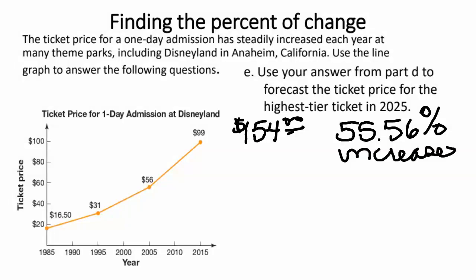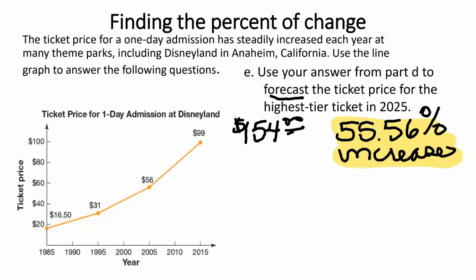We had a 55.56% increase for the higher tier, and the higher tier was $154. Now, how do we forecast? Well, this is where you've got to really understand, what does this mean?